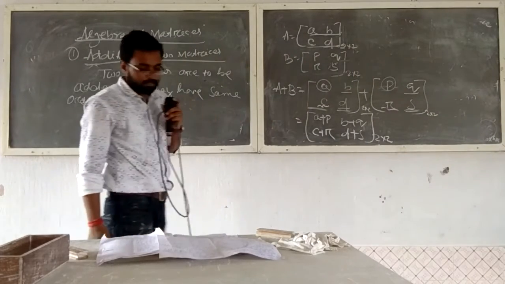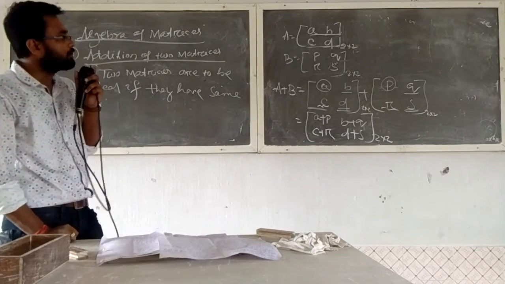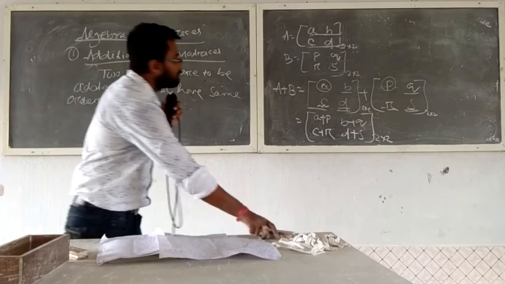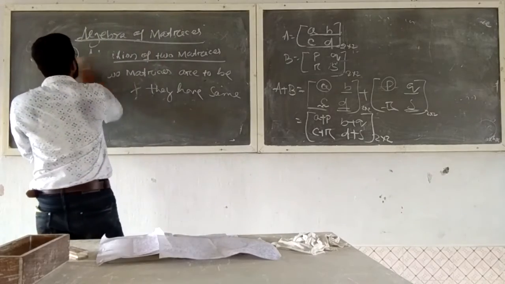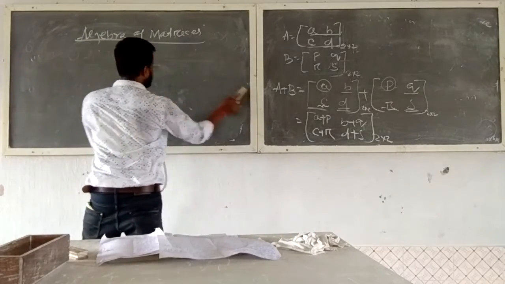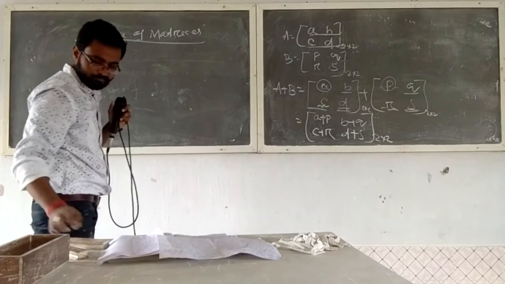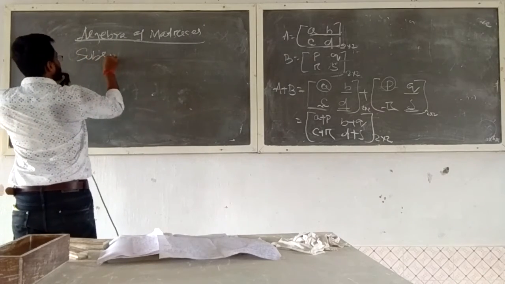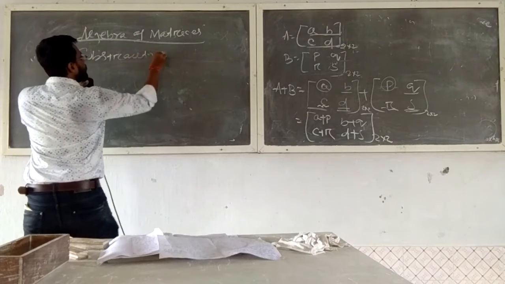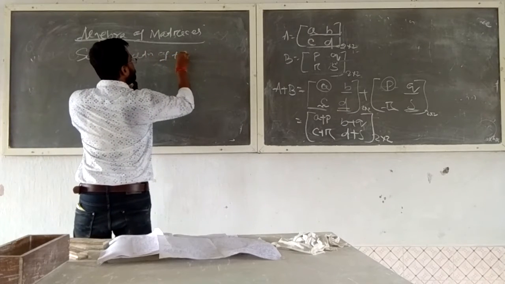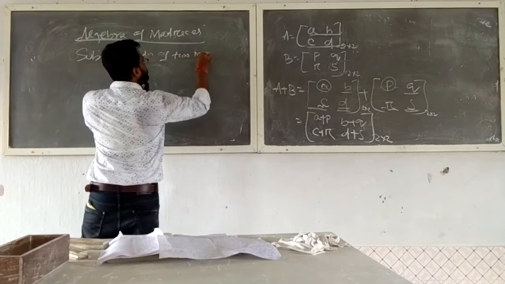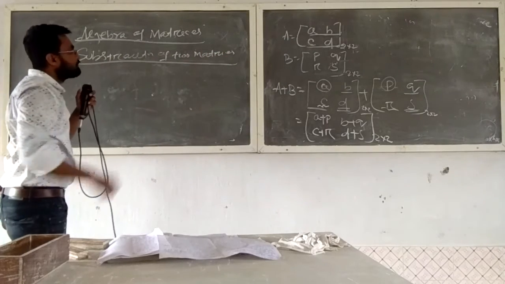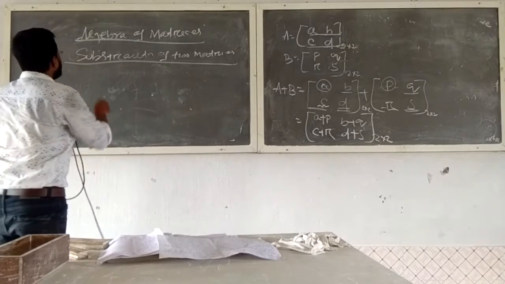Similarly, subtraction will be possible if the matrices have the same order. Subtraction of two matrices: what is the condition?